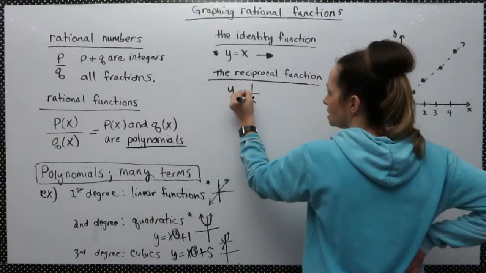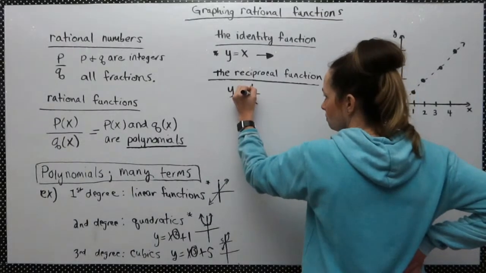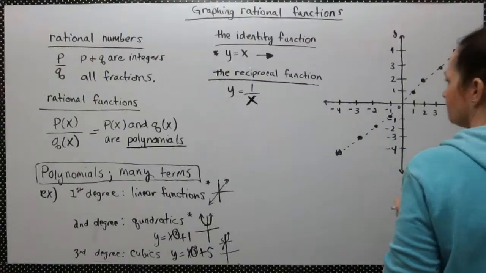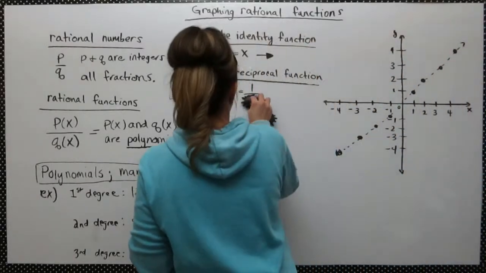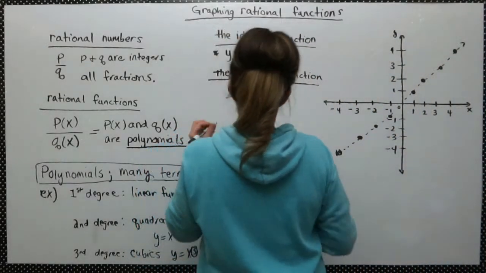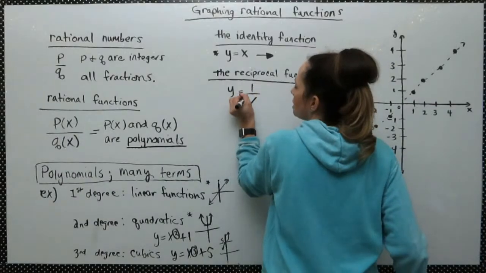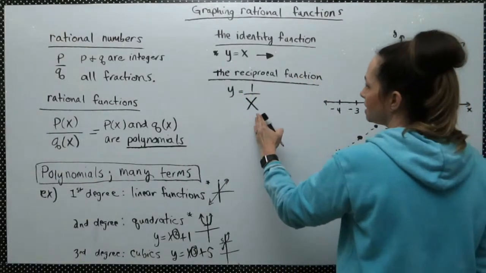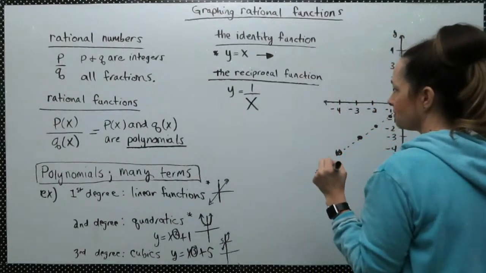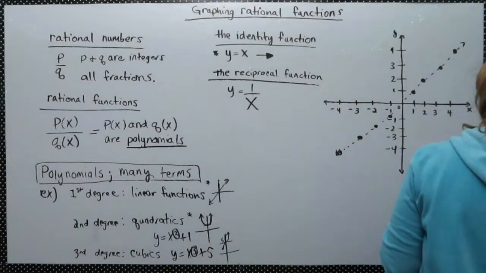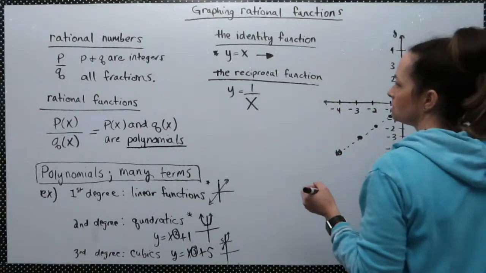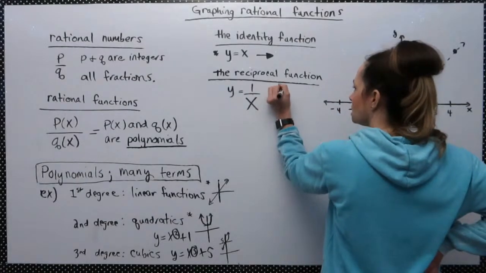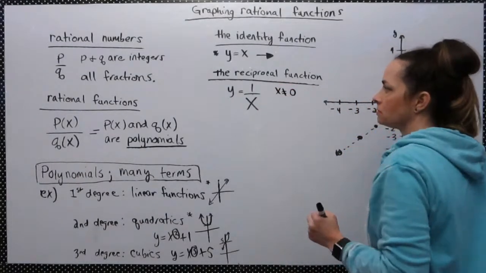And what that does is it creates a situation where you'll have values where your denominator goes to 0. So we'll have to talk about vertical asymptotes. So x cannot equal 0.